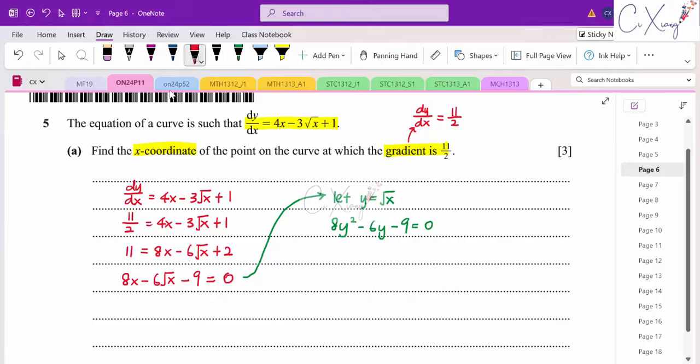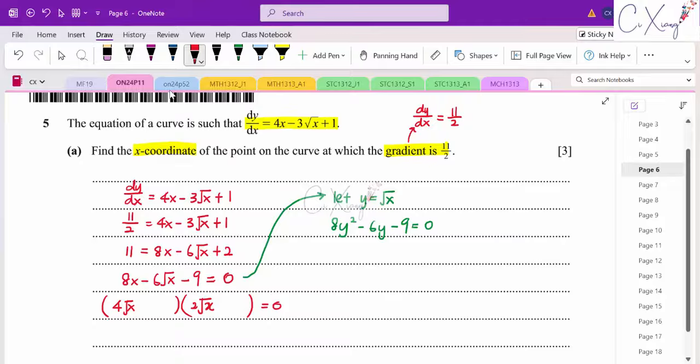So for me, because I can see very clearly, I will just directly factorize from here. To factorize it, I will be having 4 square root x with 2 square root x. Then I want to have a 9.